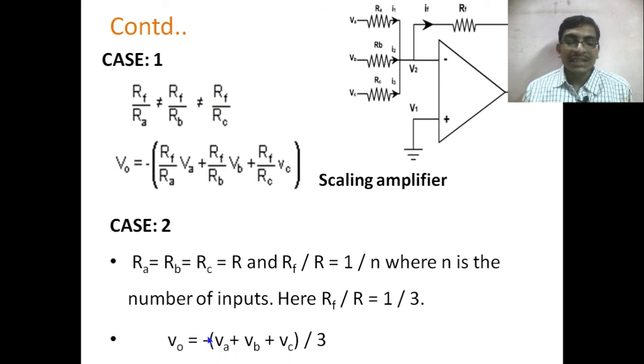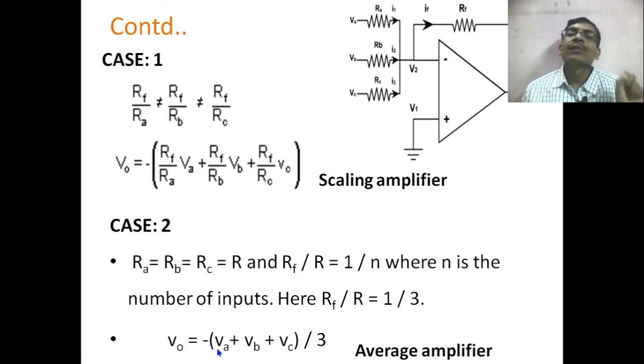So we can say it is the sum of the inputs divided by the number of inputs, which gives us the average of the input voltages. So when we choose RA equal to RB equal to RC equal to R and RF by R equal to 1 by N, then our inverting summer amplifier can act as the average amplifier. Like that we can convert the adder into the scaling amplifier as well as the average amplifier.